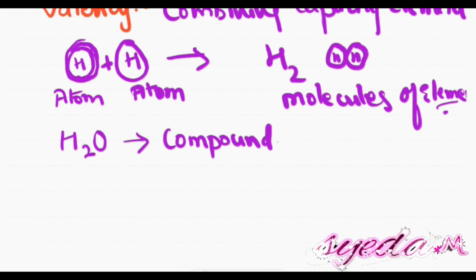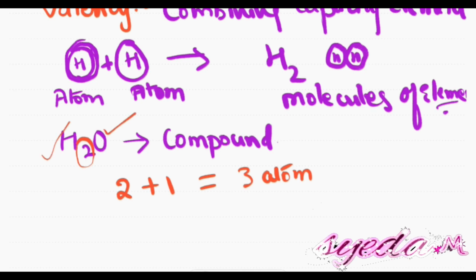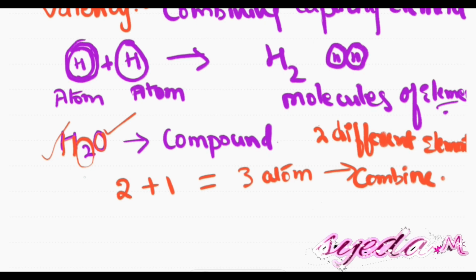You have how many hydrogens? 2 hydrogens, right? And how many oxygens? There is 1 oxygen. Now total number of atoms here? 3 atoms, right? Are the atoms the same? We know hydrogen is a different element, oxygen is a different element, and they are going to combine in a fixed ratio.